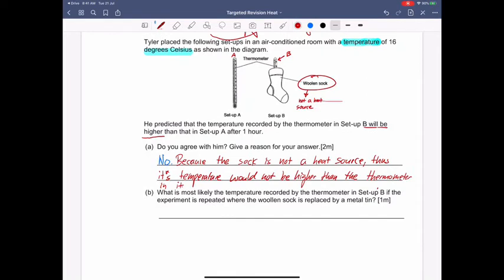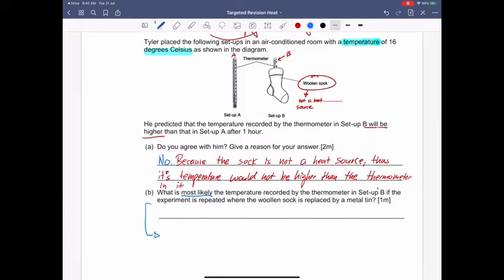So in question B, they ask you what is most likely the temperature recorded by the thermometer in setup B if the experiment is repeated, whereby the woolen socks is replaced by the metal tin. In this question, they are testing you on your prior knowledge, because 'most likely' is a hint to you that this is on prediction.